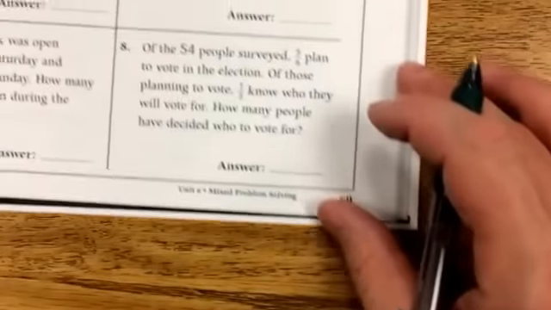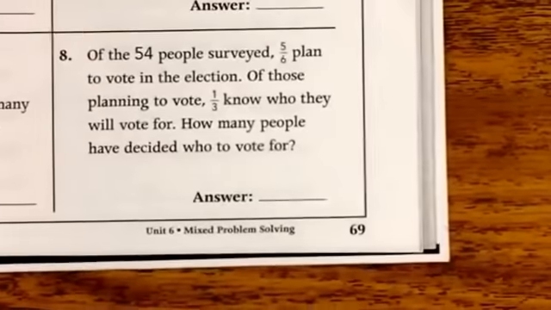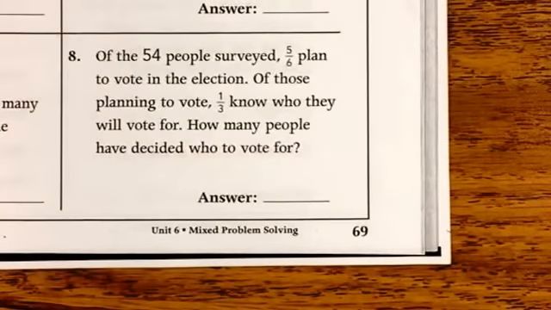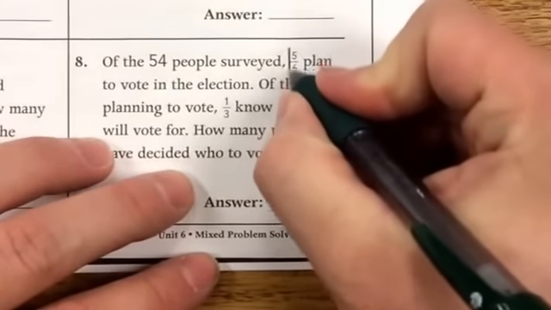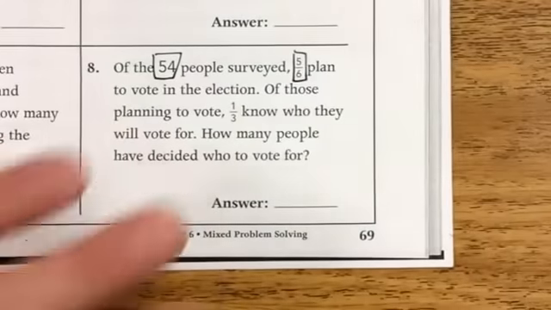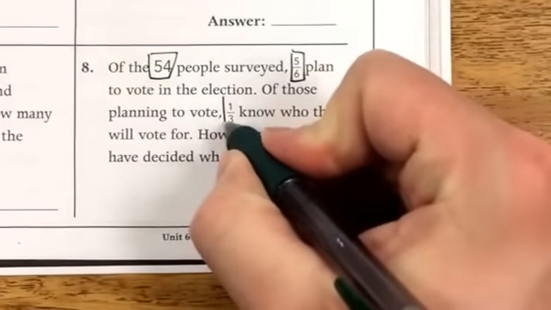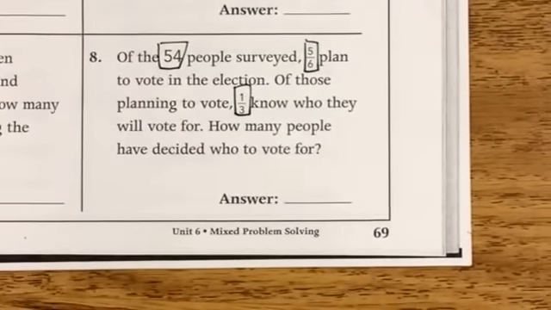All right. And then our word problem for the day is: of the 54 people surveyed, 5/6 plan to vote. 54 is a number, 5/6 is a number. Of those planning to vote, 1/3 know who they will vote for.